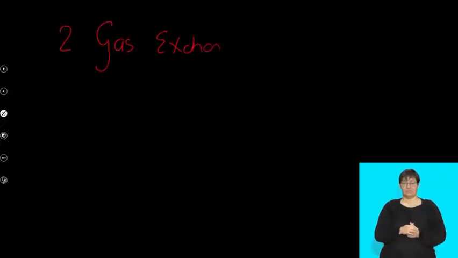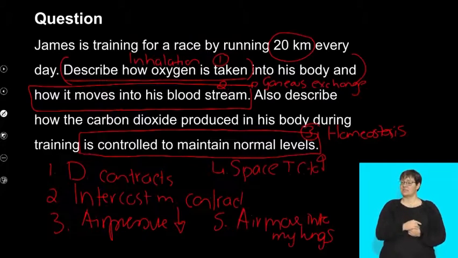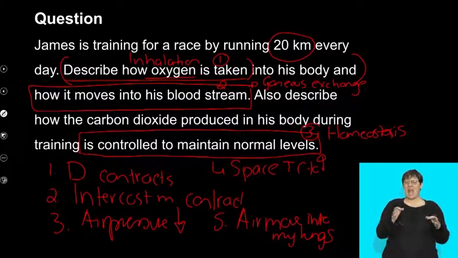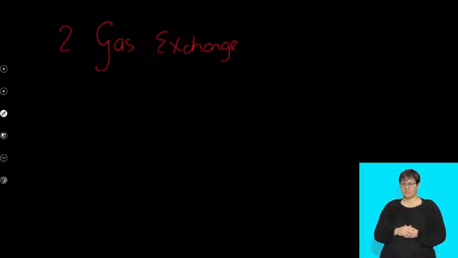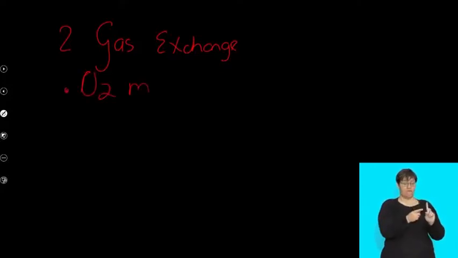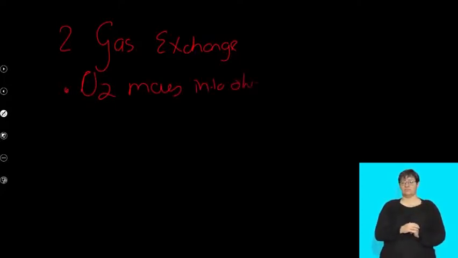All right, so when we look at gaseous exchange, let's go back quickly, it's asking us about oxygen. It's not so much going to ask about the carbon dioxide. So for gaseous exchange, you're going to tell me that air or oxygen moves into the alveoli. That's what we want.